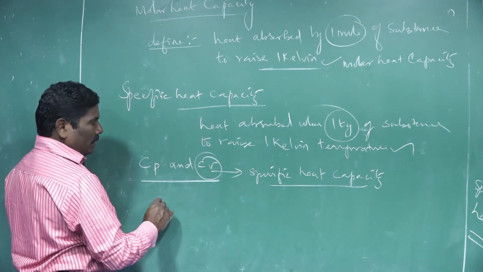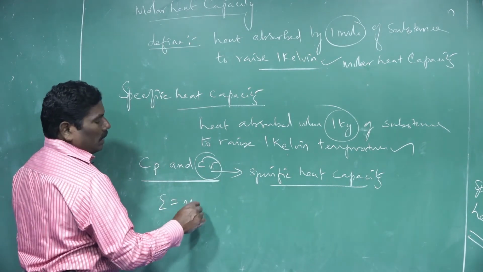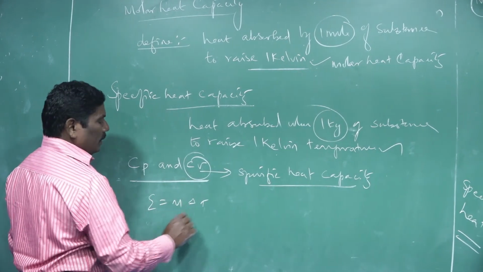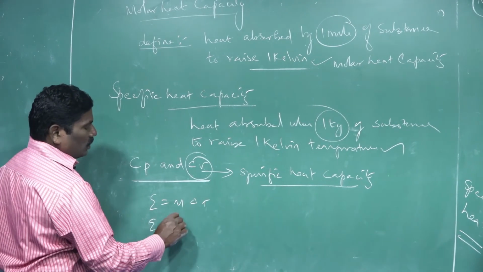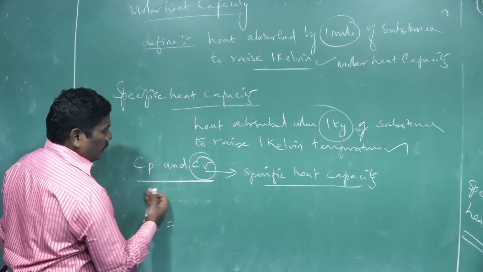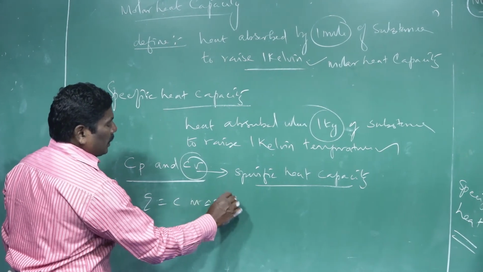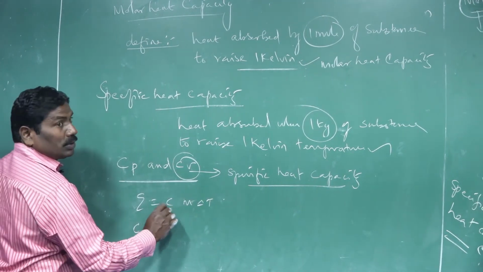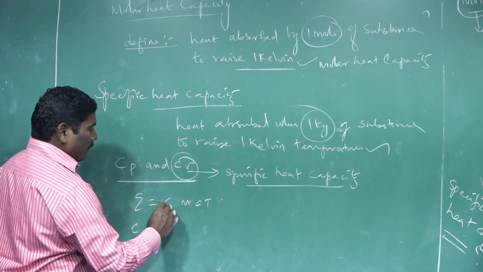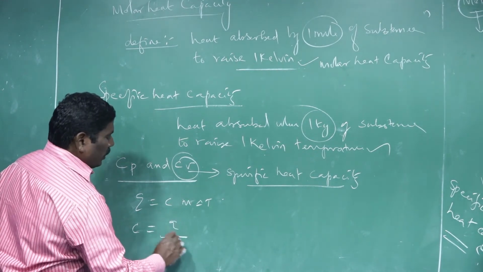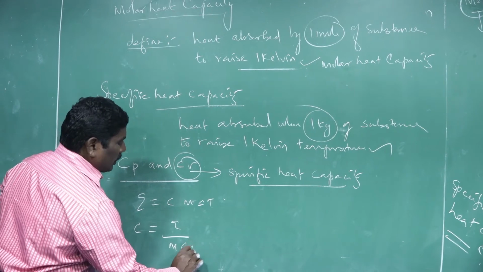Already I have derived here, Q is equal to C into M into delta T. That is the point you should write. This C is nothing but Q by M into delta T.